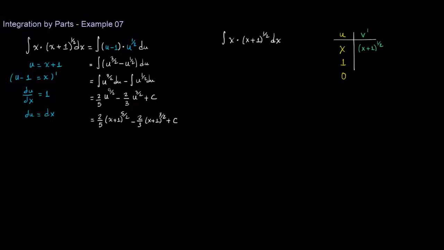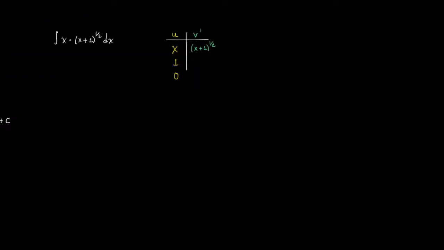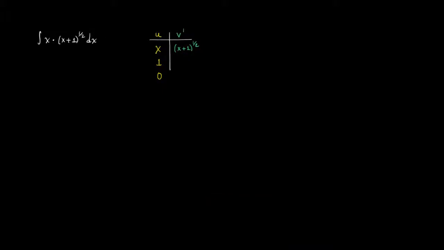Now I have to antiderive this term twice. I'm going to do it kind of quickly on the right. I'm going to move the screen a bit just to do these integrals quickly. It's going to be the antiderivative of x plus 1 raised to the 1/2. Here we have to pick a u, which is going to be x plus 1. We take the derivative of this expression, and we get that du is equal to dx. You can verify it on your own if you want to.